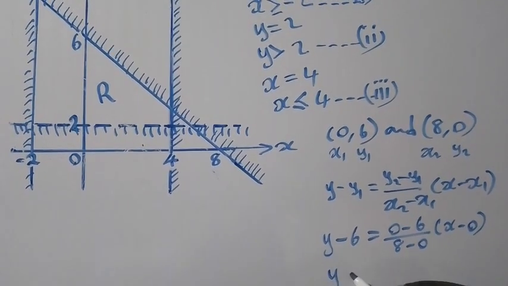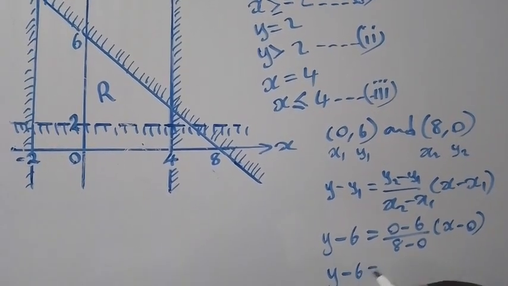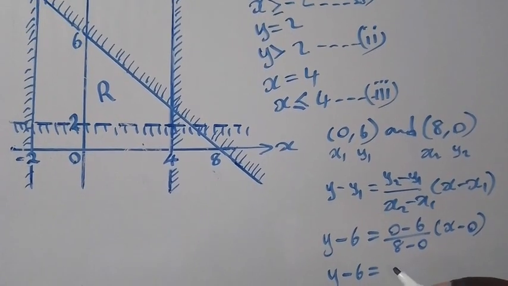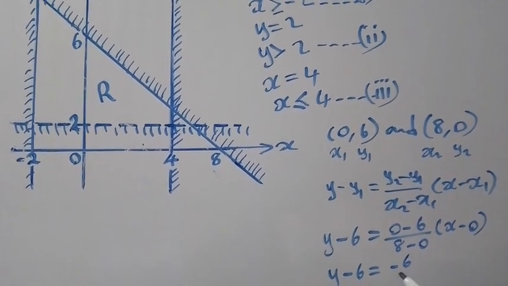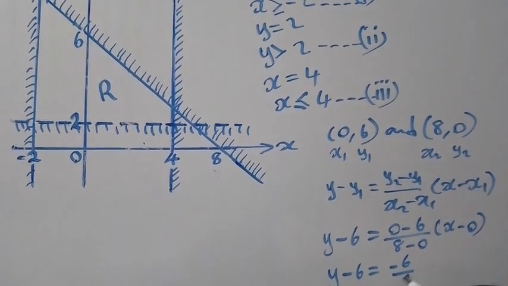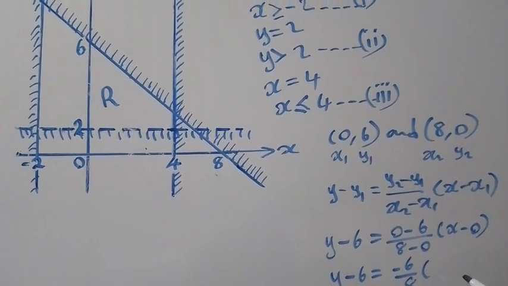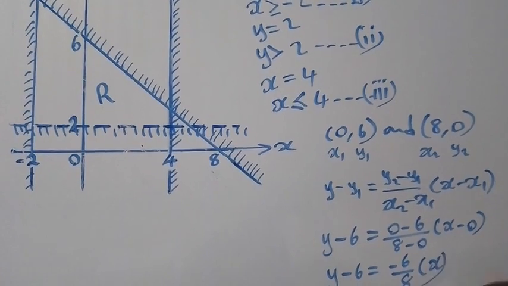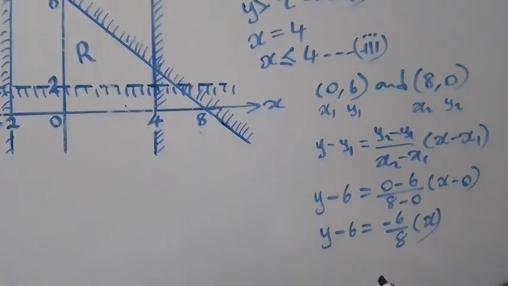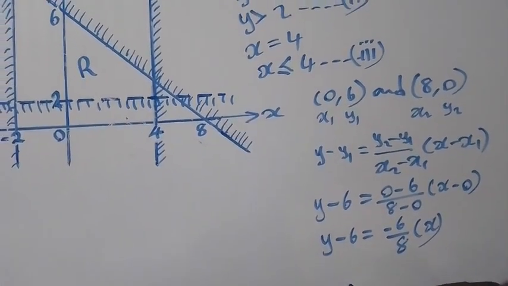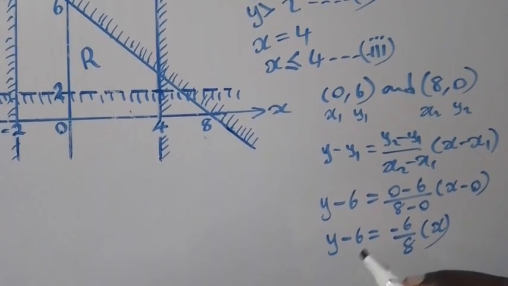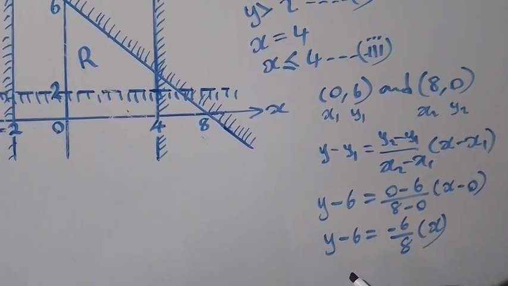So it will be y minus 6 equal to (0 minus 6), which is negative 6, over (8 minus 0), which is 8, times (x minus 0), which is x. Now at this point in time, we shall take the constant to the other side.